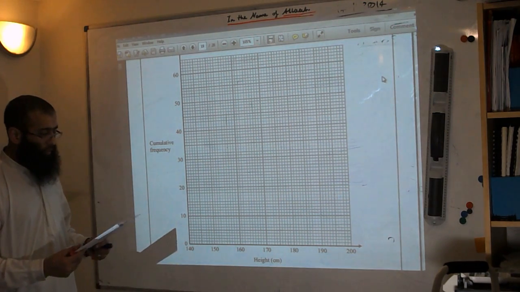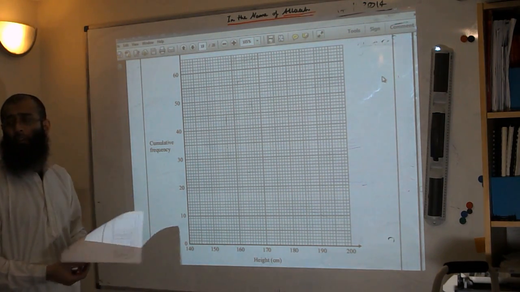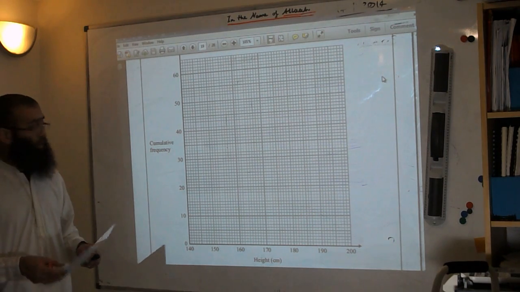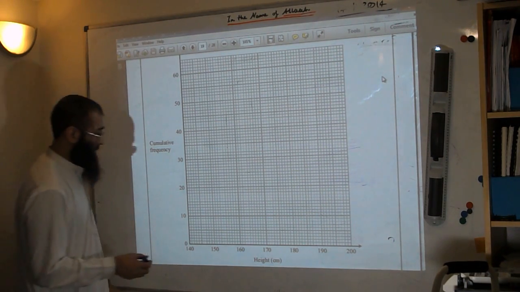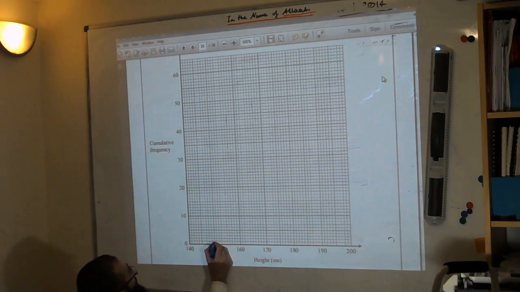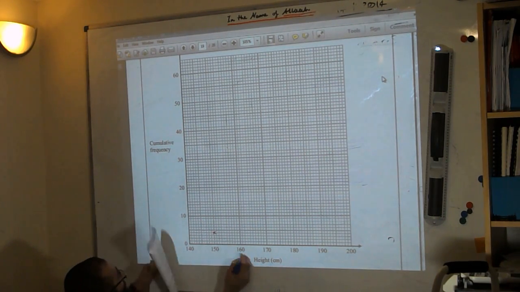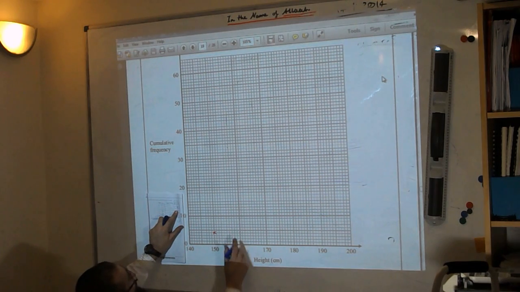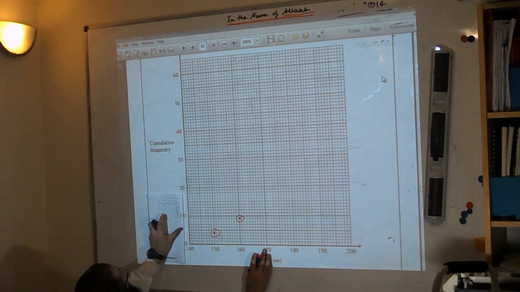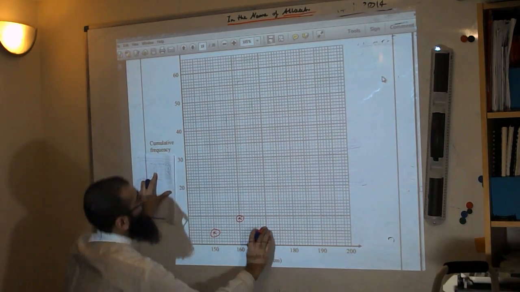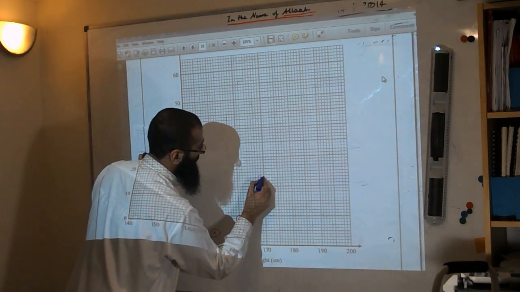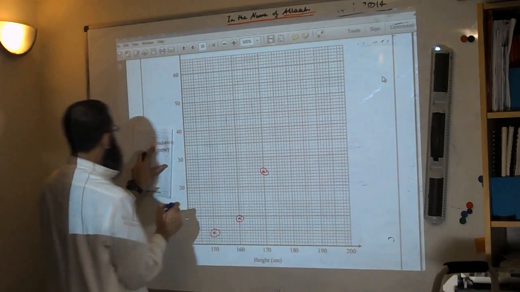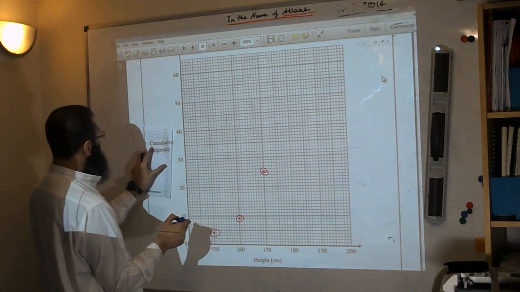Okay, so we're going to first of all plot. Is it 140 or 150? 150, and what's the height for 150? 4. Okay, folks, bear with me. And the next one is 160. What's the height for 160? 9. And the next one we're going to do 170, which is 25. And the next one is 180, which is 52.